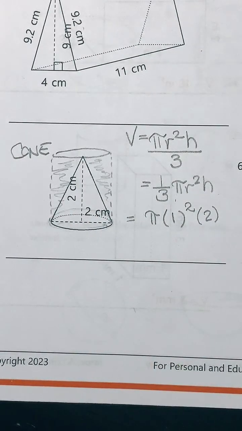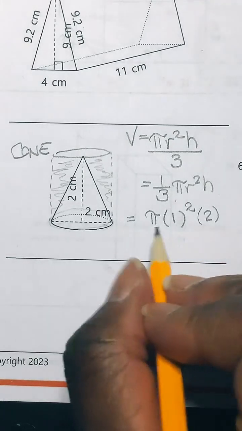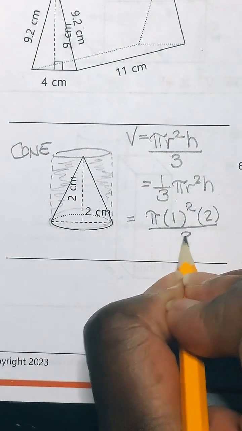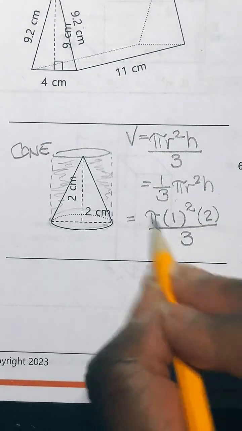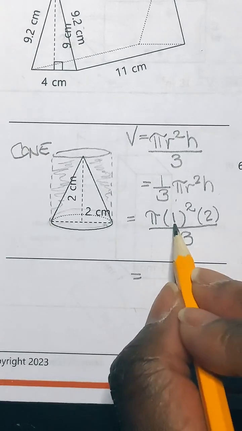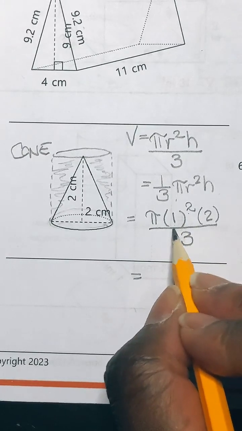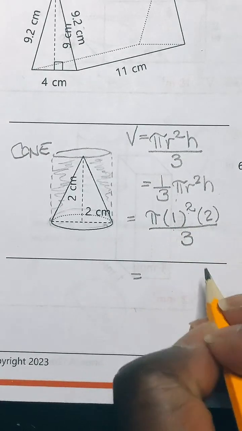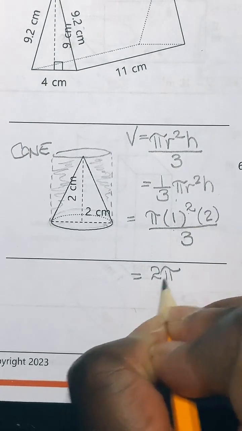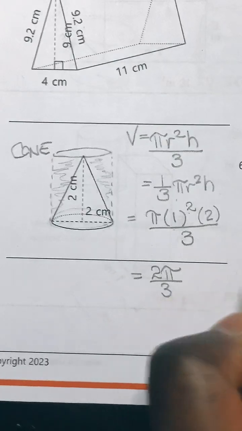I'm going to clean this up a little bit because it's going to be divided by 3. There's no quick, easy division, but it gives me 1 squared, which is 1. 1 times 2 gives me 2. So we have 2 pi cubed.